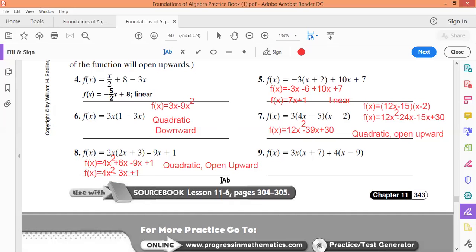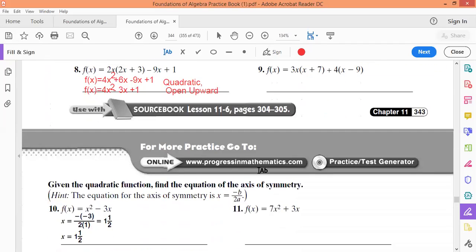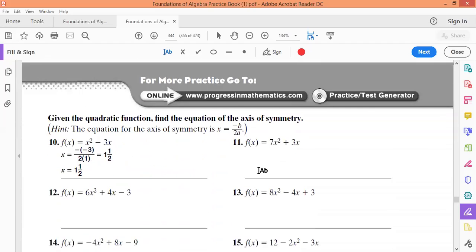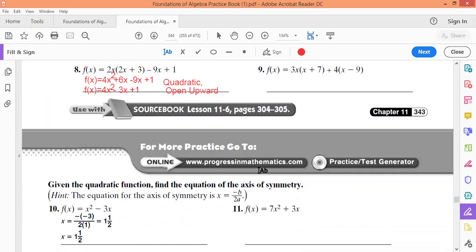Open upward. This question, solve it by yourself. Move to the next page. It's hard. Oh, wait, I want to solve this question.